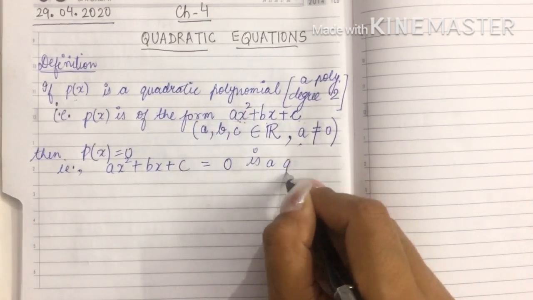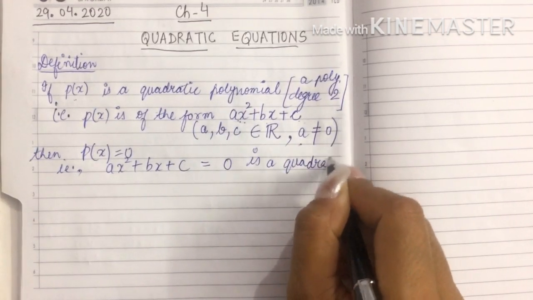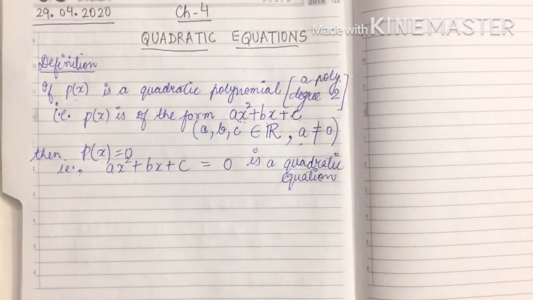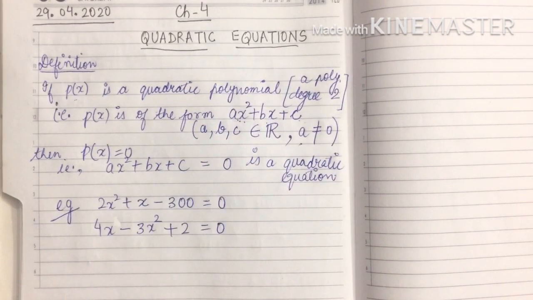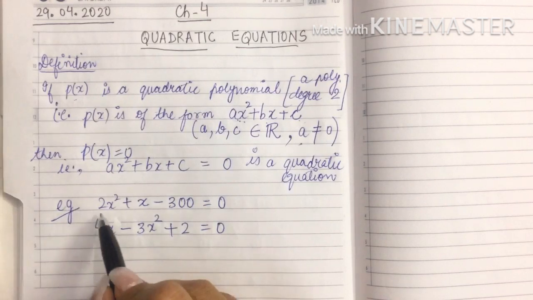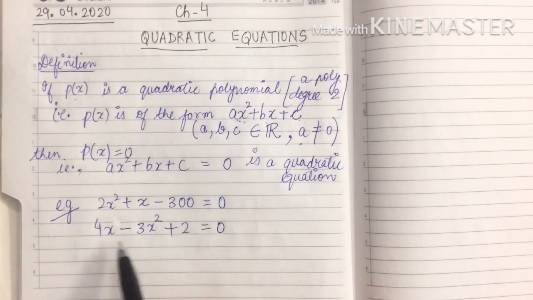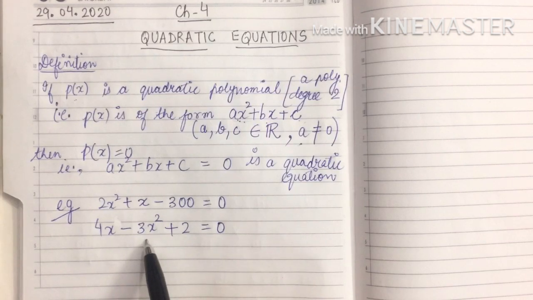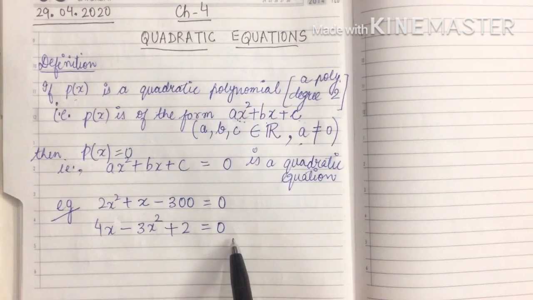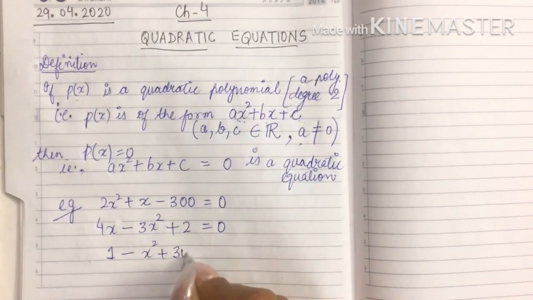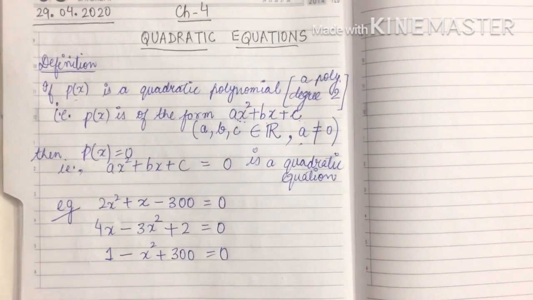This is a quadratic equation. Let us take a look at a few examples. 2x² + x − 300 = 0. 4x − 3x² + 2 = 0. 1 − x² + 300 = 0.